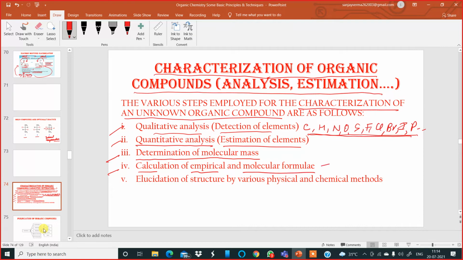Once these are obtained, we can work out the structure of the compound by various physical and chemical methods, keeping isomerism in mind. It can show stereoisomerism, geometrical isomerism, and optical activity. So this is characterization of organic compounds, analysis, estimation, which I will teach you next.